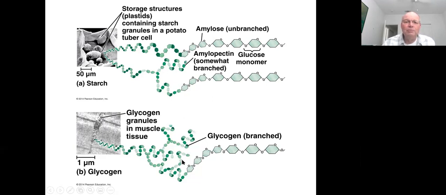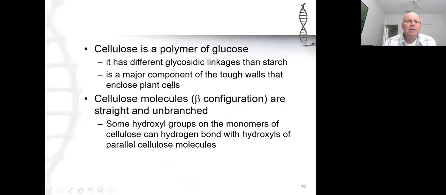Then you've got glycogen, which looks very much like amylopectin, but it can be broken down very easily in response to the presence of adrenaline in the bloodstream. And so the muscles can free up the glucose in the polymer in response to the presence of adrenaline. That gives them access to the energy to do the fight or flight response.